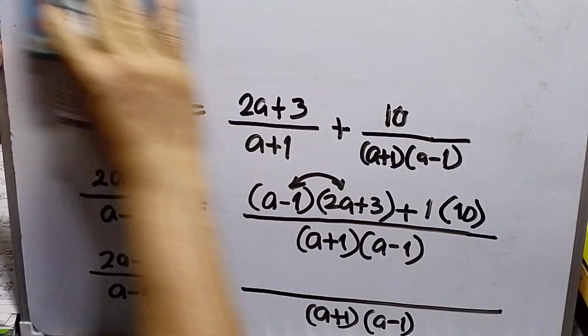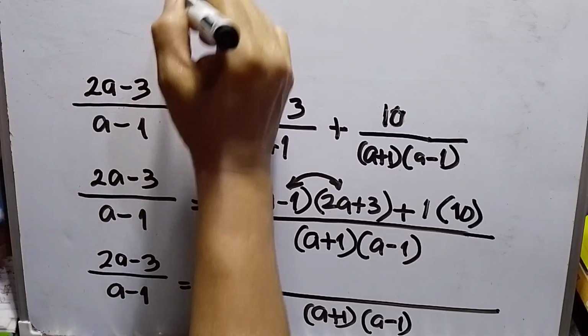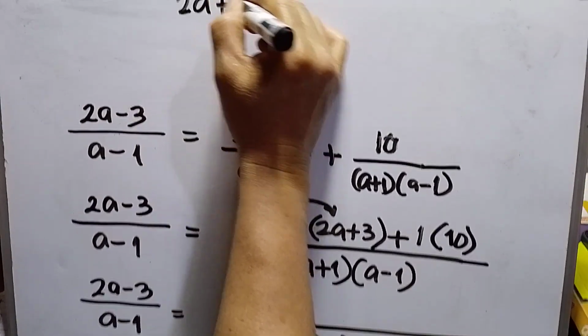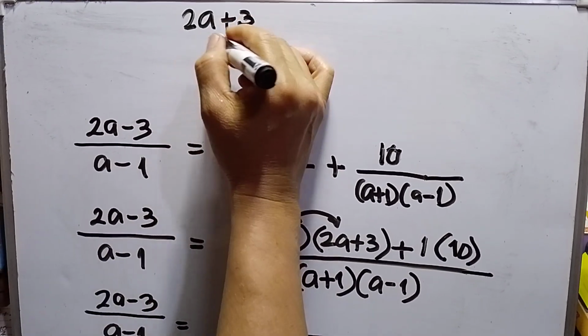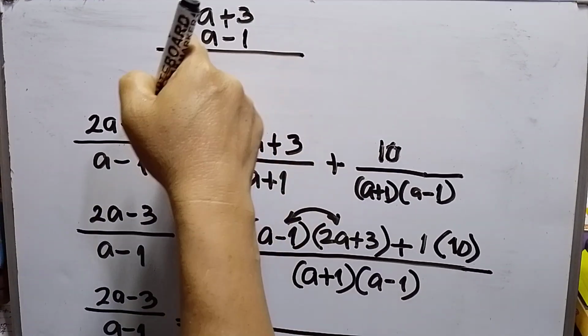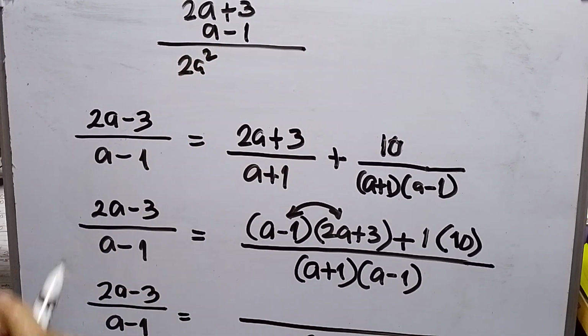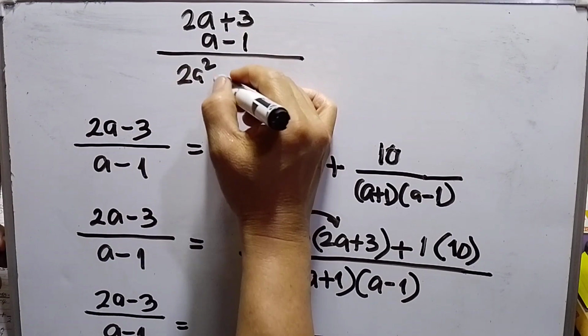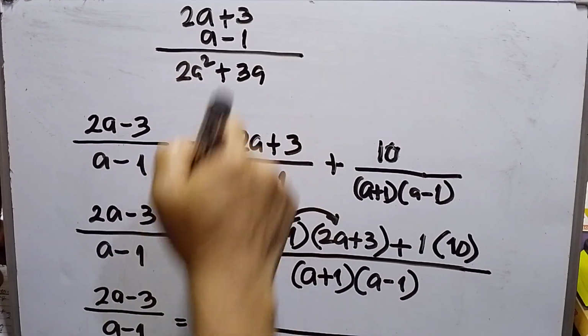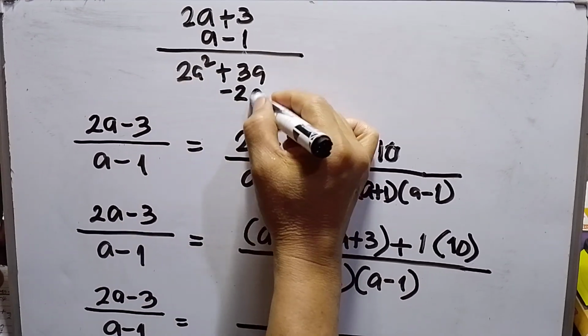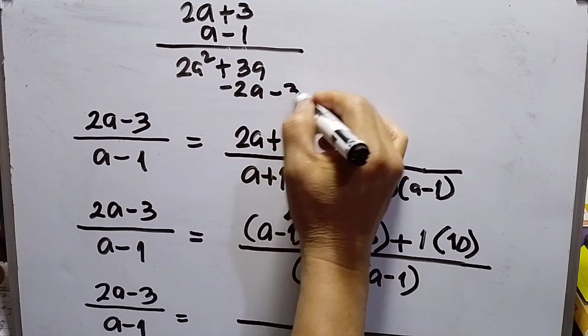So multiply a − 1. Okay, (2a + 3) multiplied by (a − 1) will be 2a², then plus 3a, then minus 2a, then minus 3.